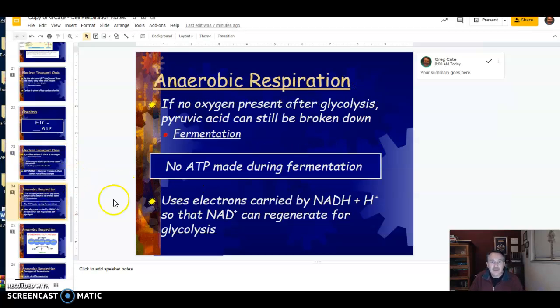Okay, next slide here. If no oxygen is present after glycolysis, then it's going to go into fermentation, and that's where it's going to start producing this lactic acid. So no ATP is made during fermentation. The ATP is made during the breakdown of glucose. Okay, that's where the ATP is made. Now, what happens to all these NADHs that are being formed during glycolysis?